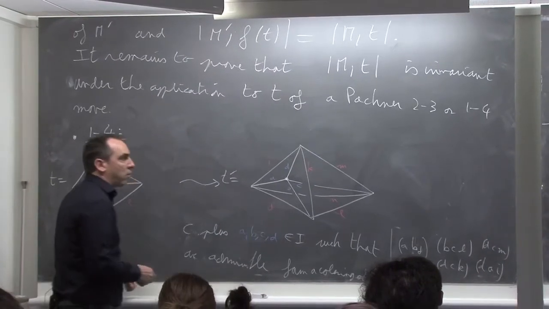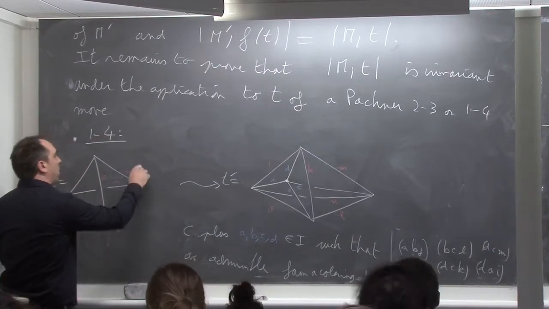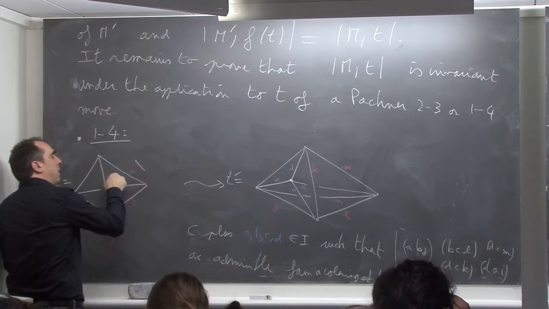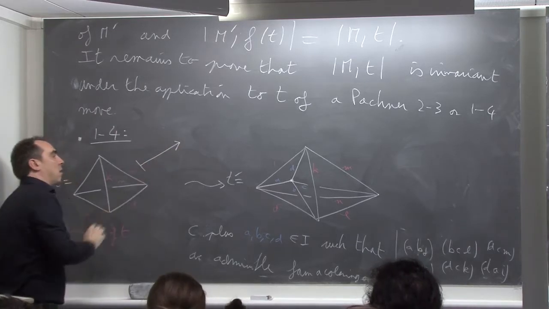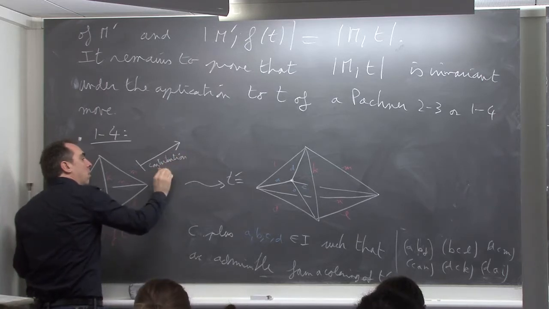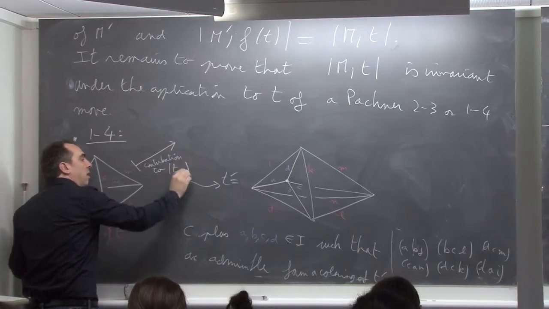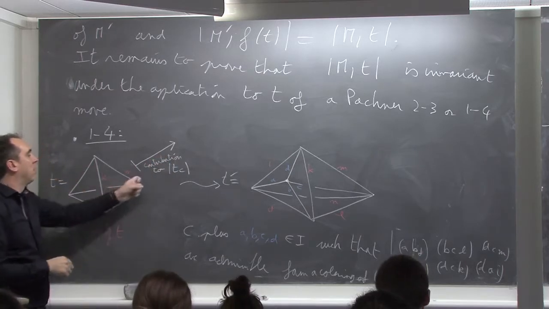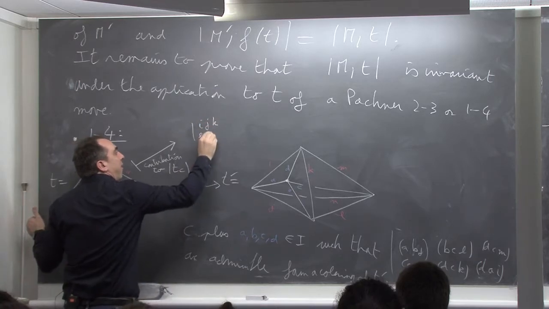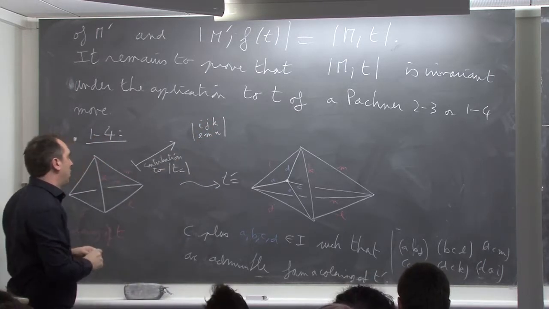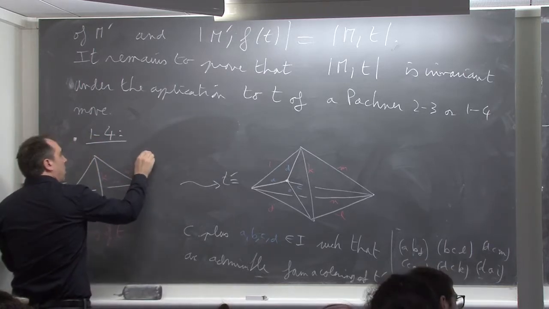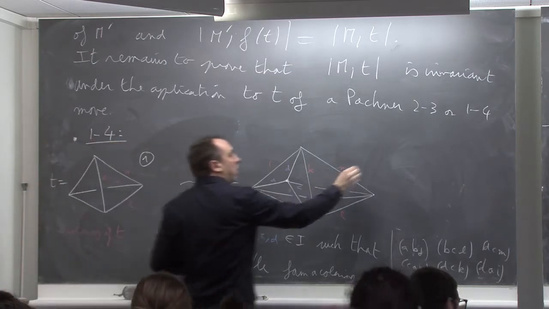So now, using the state sum, the contribution of this tetrahedron to T C is just, by definition, I, G, K, L, M, N. Maybe I put this one and this two.